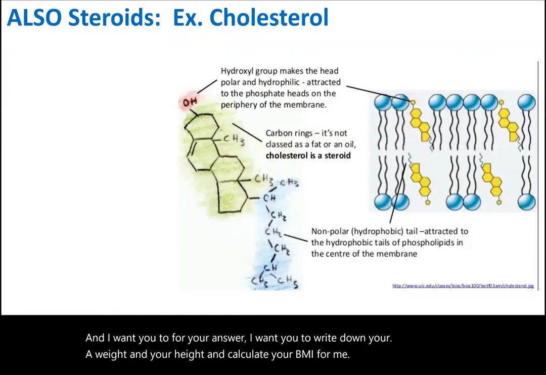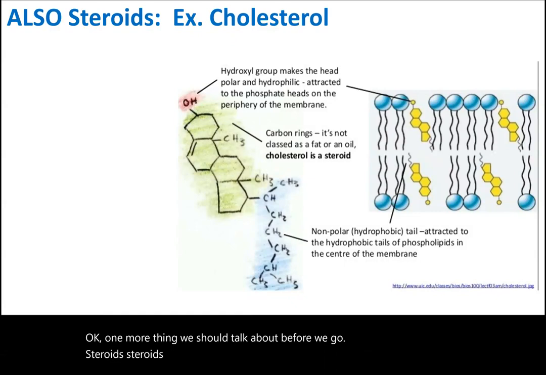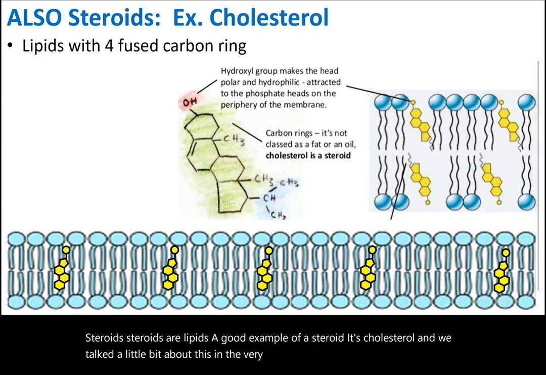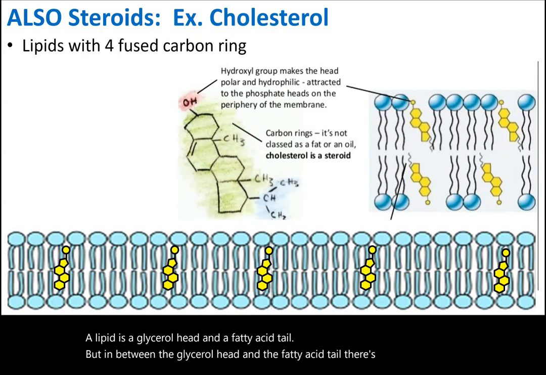Okay, one more thing we should talk about before we go. Steroids. Steroids are lipids. A good example of a steroid is cholesterol. And we talked a little bit about this in the very, very beginning, right? So a lipid is a glycerol head and a fatty acid tail. But in between the glycerol head and the fatty acid tail, there's a bunch of carbon rings, right?